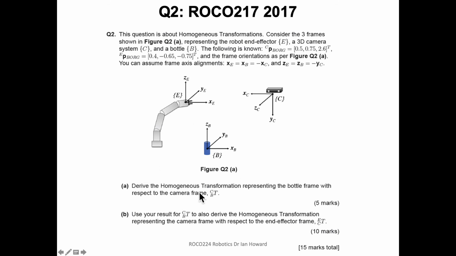So now what it's asking us to do as a first question is to derive the homogeneous transformation such that we can represent the bottle frame with respect to the camera frame.